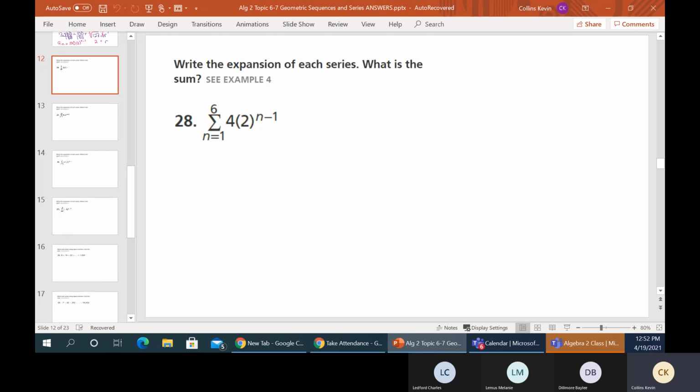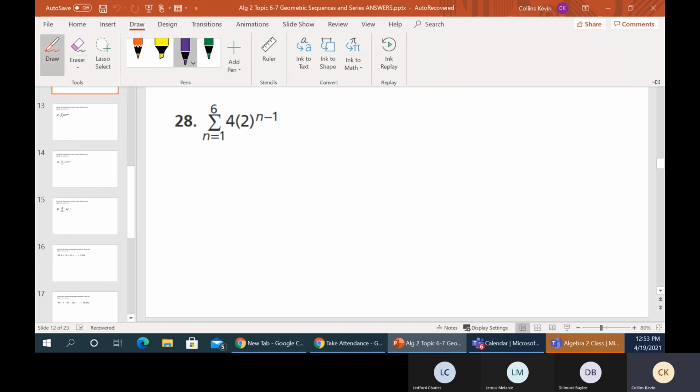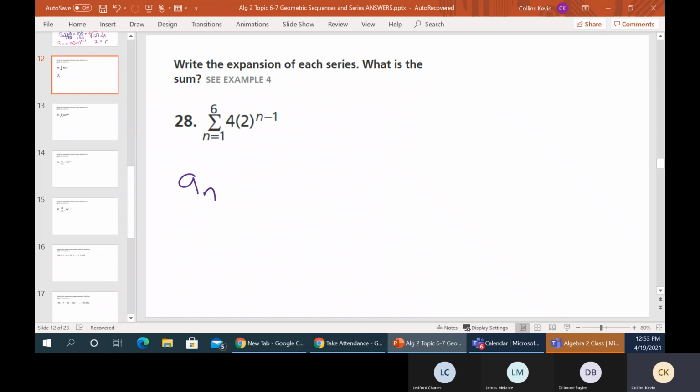So then all we're really doing here is plugging in the numbers, chugging out the answers, and then adding them all together at the end. So for n equals 1, so a sub 1, helps if I get something that actually writes. One moment, please. So a sub 1 is going to be, we put a 1 in here.